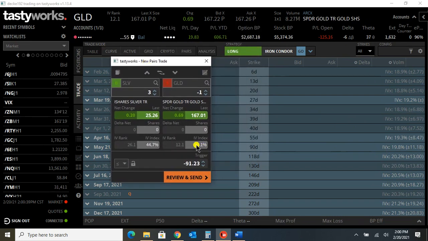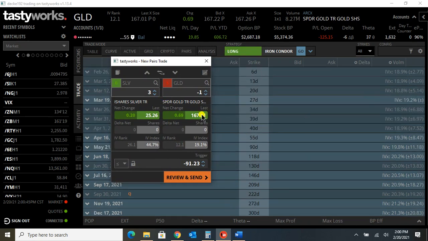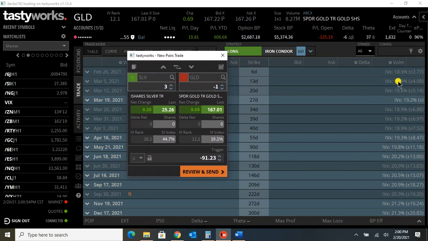So the gold is 19.1. I'm not sure exactly how they determine 19.1 here, but you can see the IVX here is the IV index. For each of these expirations, this is the annualized percentage move that the options pricing is expecting.